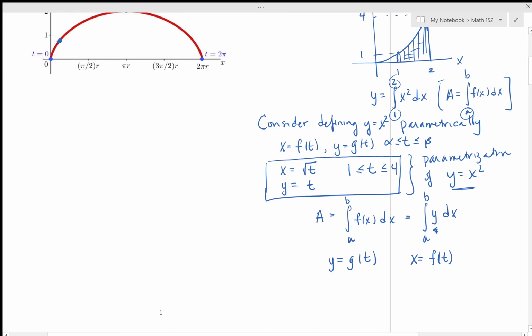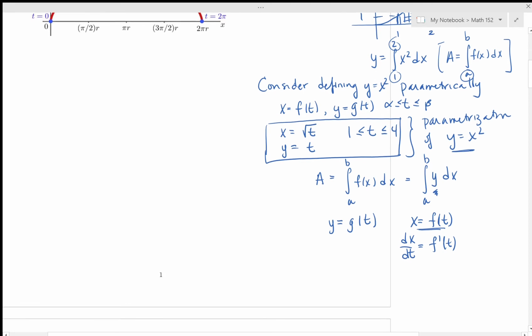So if I take dx by dt, I get f prime at t. That's just taking the derivative with respect to t on both sides of this function right here, and that shows me that dx is f prime at t dt. So then I make a complete substitution in the area formula. I know what y is, I've identified that as g of t. I know what dx is, I've identified that as f prime at t dt.